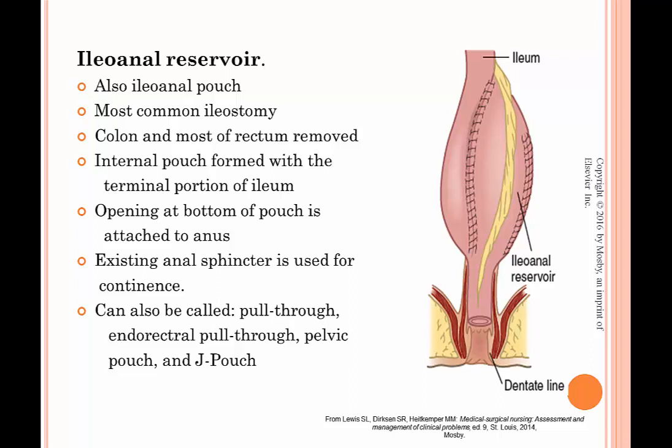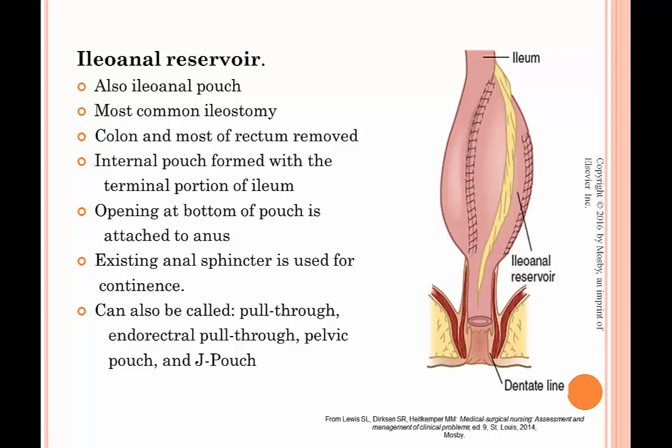An opening at the bottom of the pouch is attached to the anus, so the existing sphincter can be used for continence. This pouch may also be called pull-through, endorectal, pelvic pouch, or J-pouch. After the initial pouch creation, the patient may have a temporary ileostomy so that the anal anastomosis has a chance to heal.